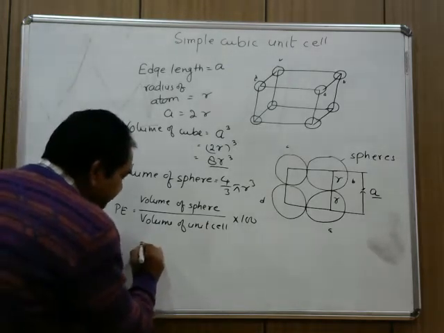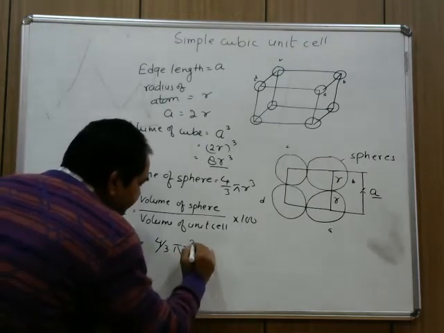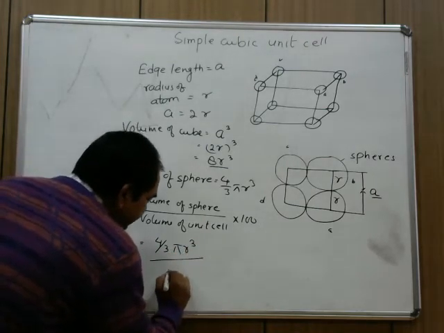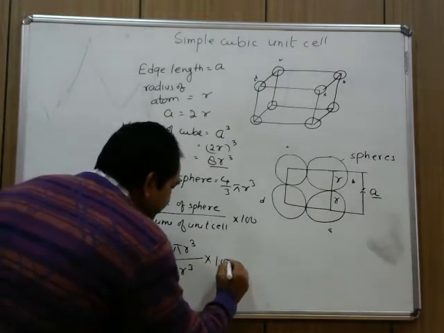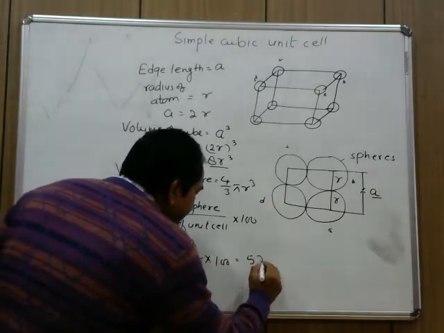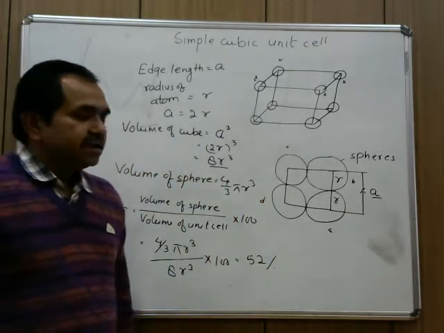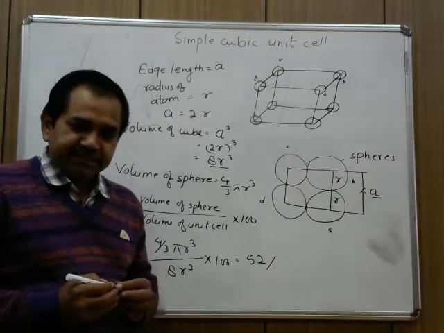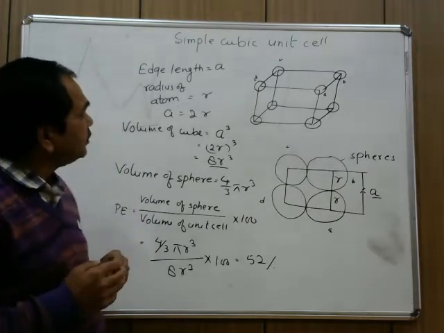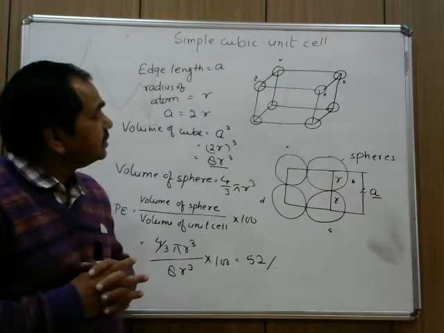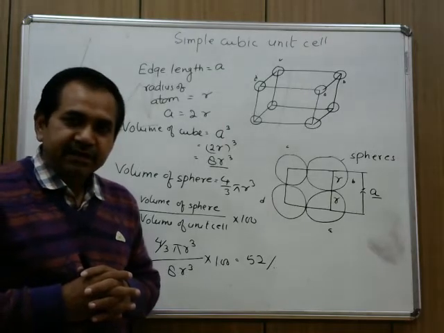So what is the volume of sphere? It is 4 by 3 pi r cube, and this is 8 r cube into 100, and on solving this comes to be 52%. So that is how the packing efficiency of a simple cubic unit cell can be calculated.